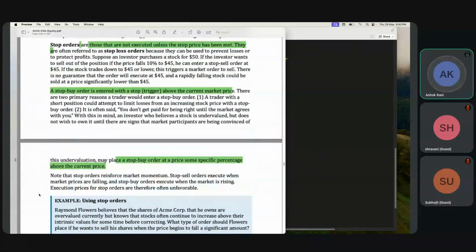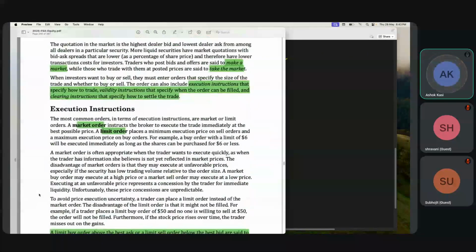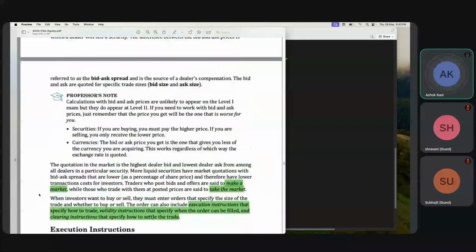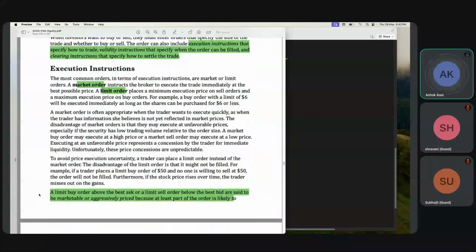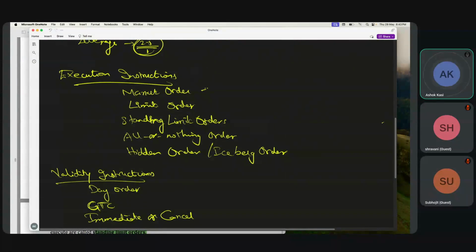Okay, so we'll just give one word to each so that it is easier to remember. Market order is based on the best market price.